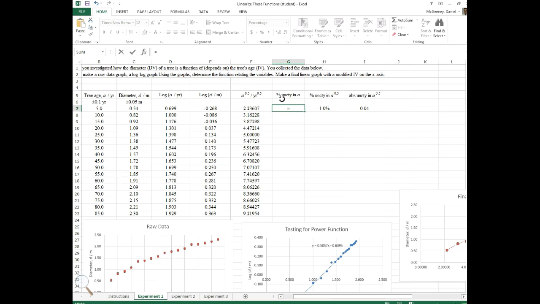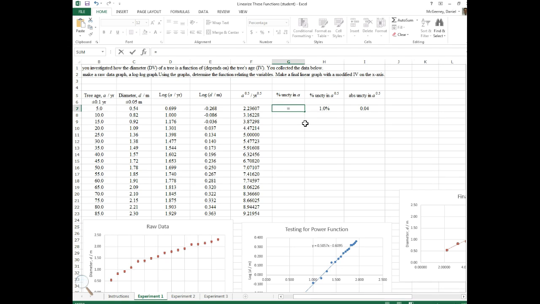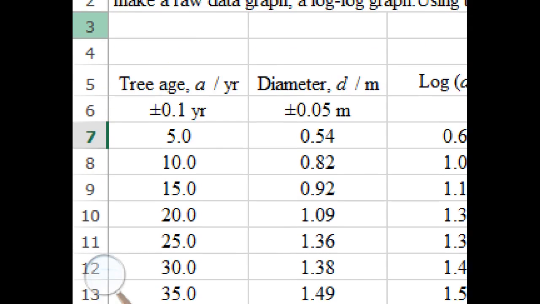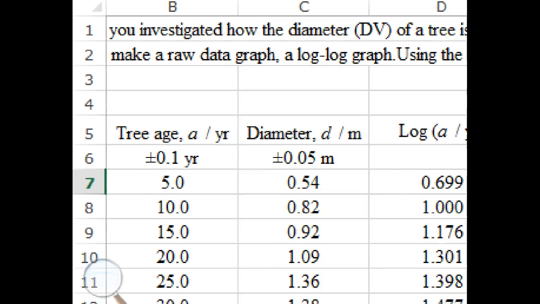The percent uncertainty in a is the absolute uncertainty divided by the measurement of a. You take the absolute uncertainty in a divided by the actual measurement of a to get the percent. So, okay, where's the absolute uncertainty in a? Let's look back. The absolute uncertainty in a is just plus or minus 0.1 years. There it is. That's true for every single value of a.